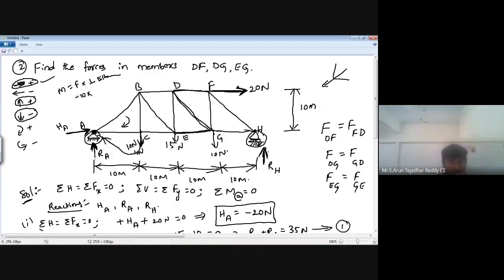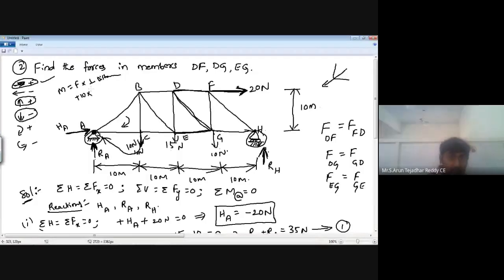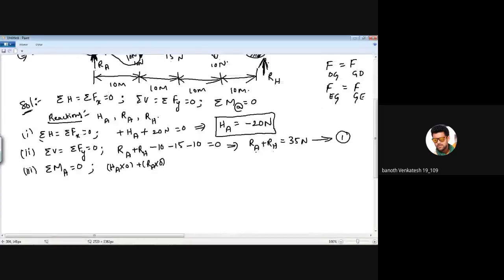Take positive. And what is the perpendicular distance from C to A? That is 10 meters. 10 into 10 is 100.